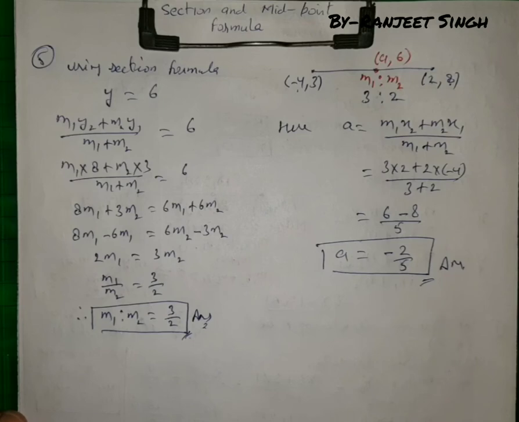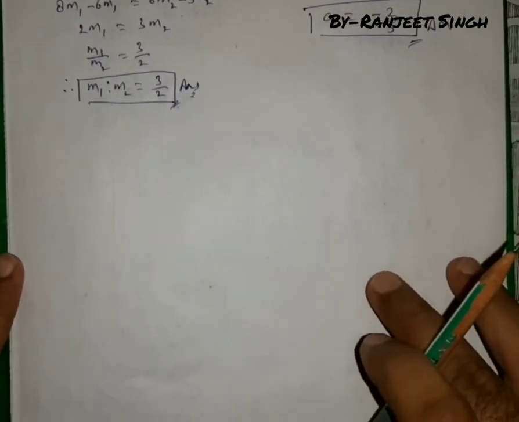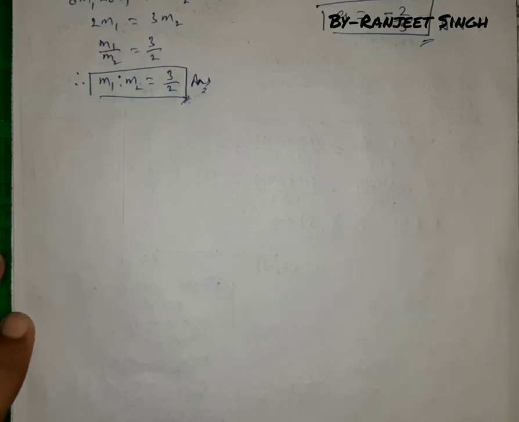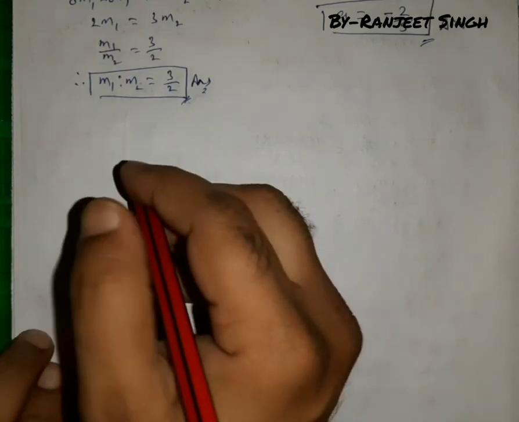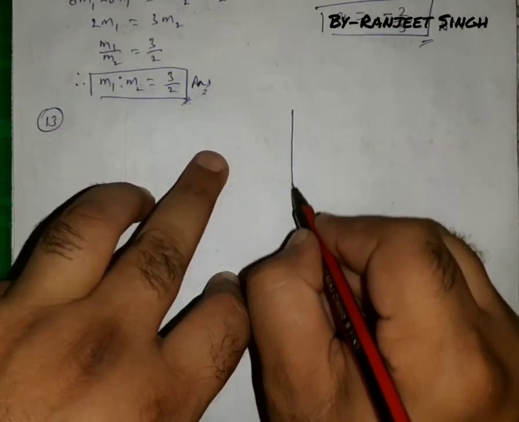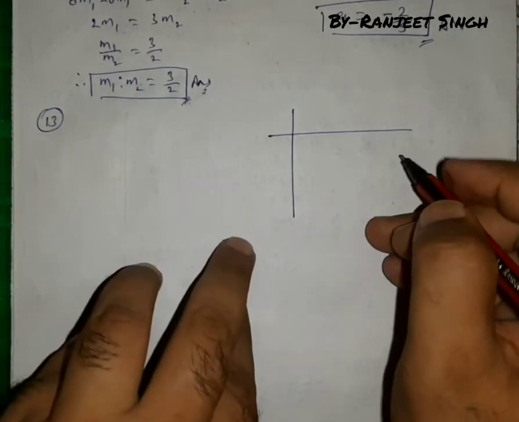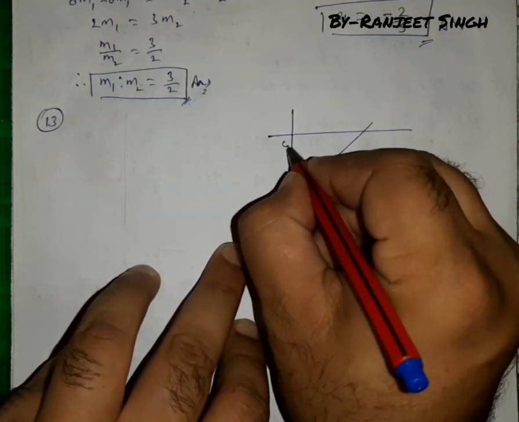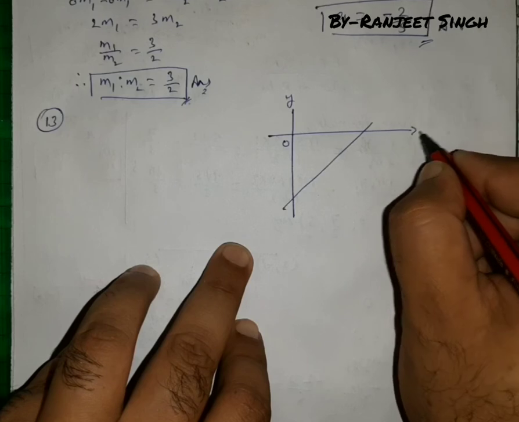So in the solution part of this, I am talking about question number 13, and this diagram is given. Here it is O, this is the y-axis, and this is the x-axis.